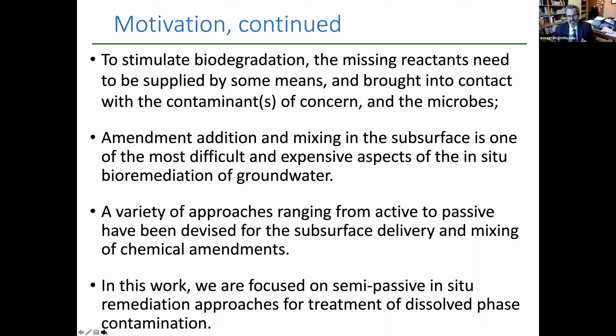In this work, we're focused on the semi-passive in situ remediation approaches, and I'm going to talk about a couple of those here.